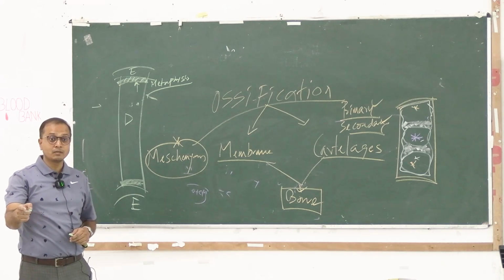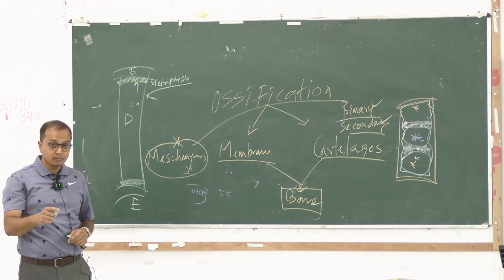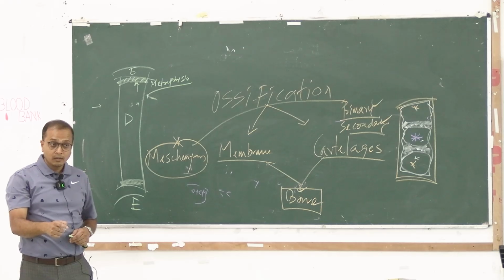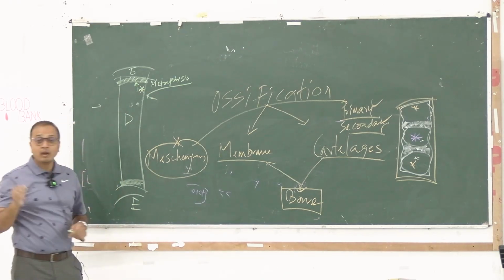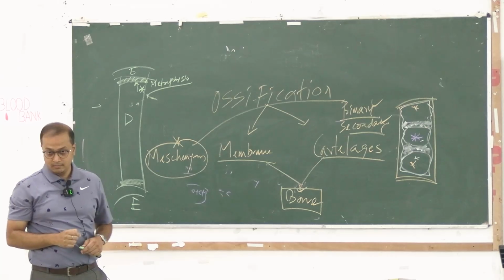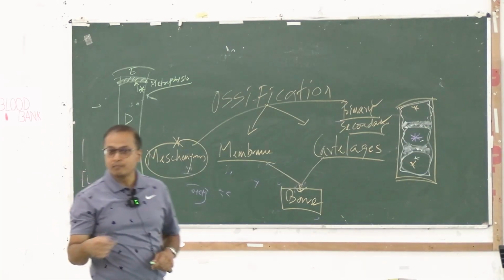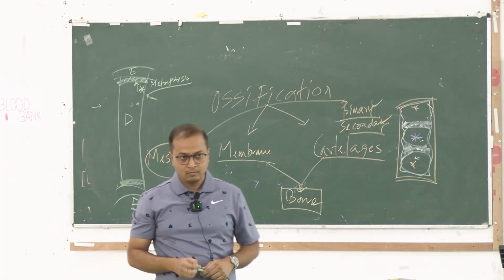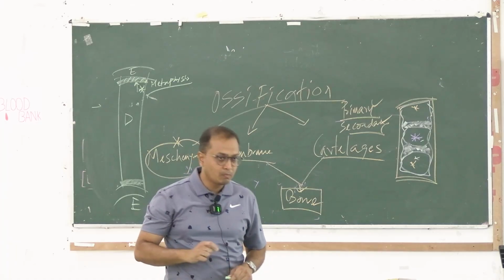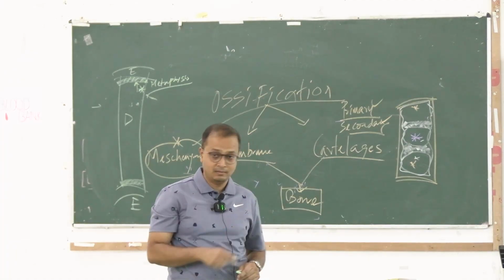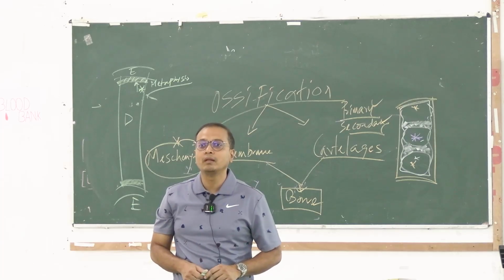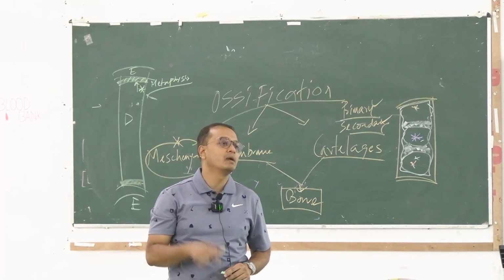If it helps us to grow, it needs more nutrition and more blood supply. So this metaphysis region has to be a very secure place, or else blood is not going to flow to the epiphyseal plates, and we have trouble.